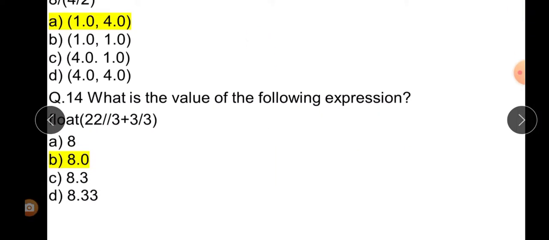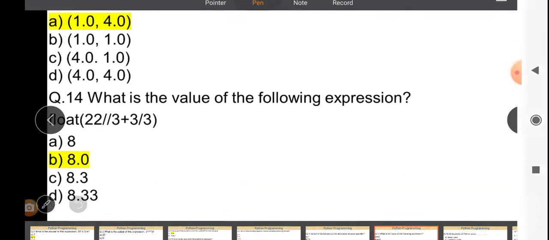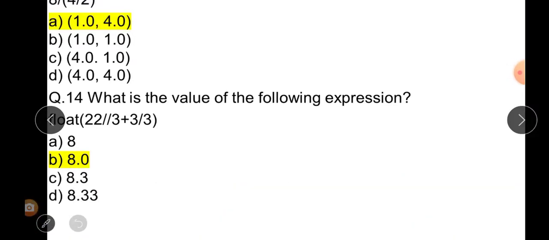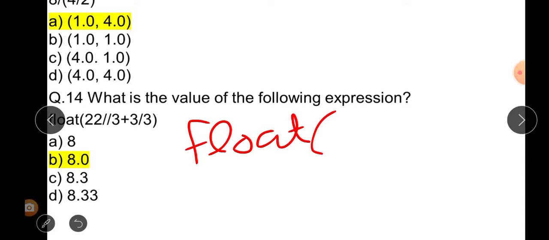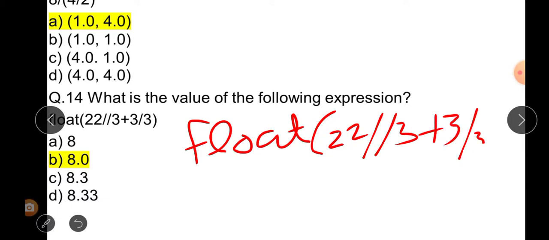Question number 14 says, what is the value of the following expression? And given that float is given, it means explicit type conversion is there. So float of 22 double slash 3 plus 3 slash 3.